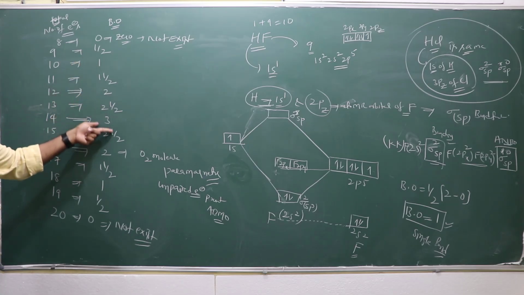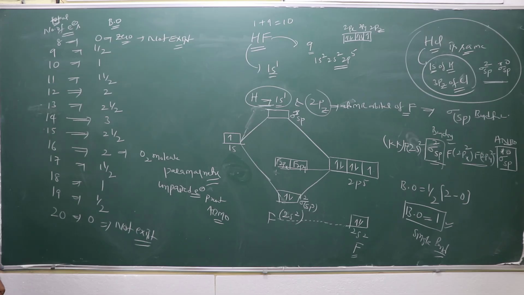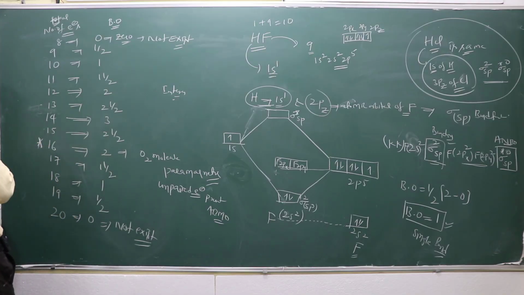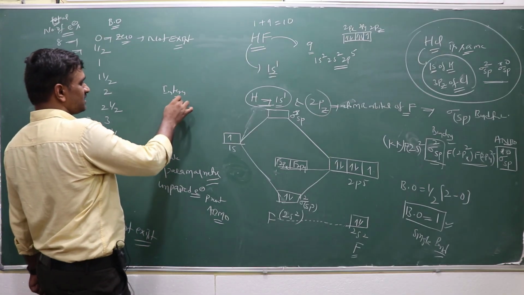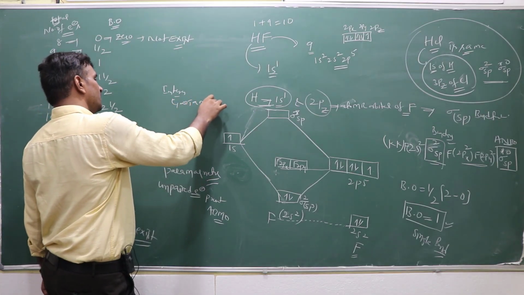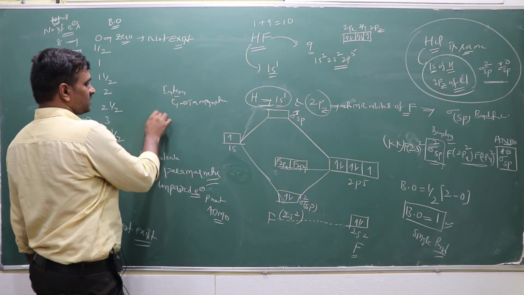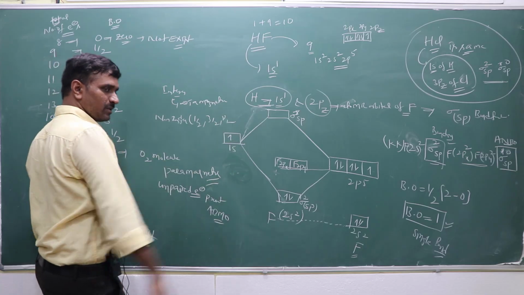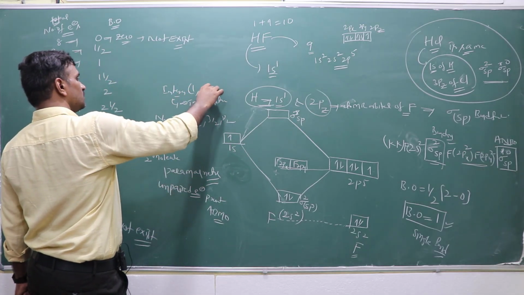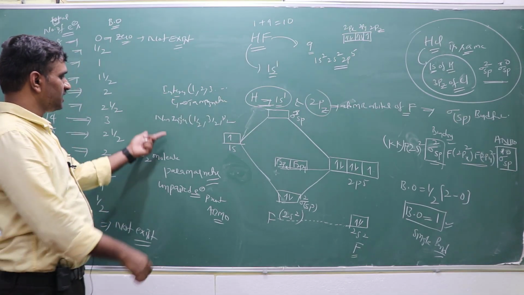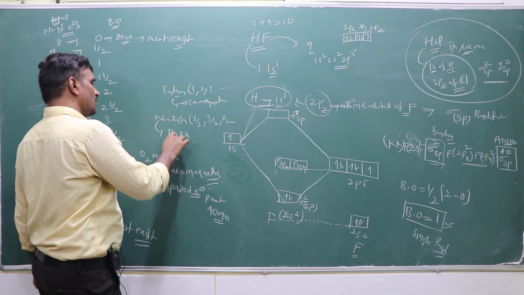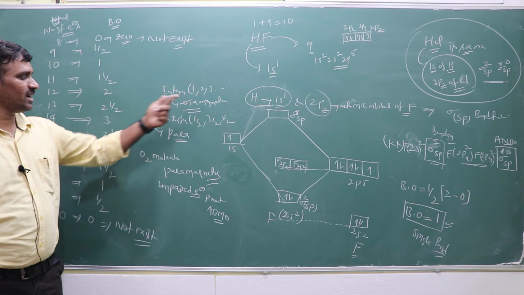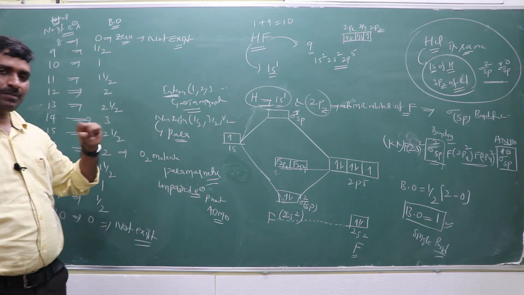If the bond order is an integer like 1, 2, 3, it may be considered diamagnetic, except for 16 electrons. If an integer is given, consider it diamagnetic in most cases. If it is non-integer, that means 1/2, 3/2, 5/2, consider it paramagnetic. So bond order 1, 2, 3 is diamagnetic; bond order half, 3/2 is paramagnetic.